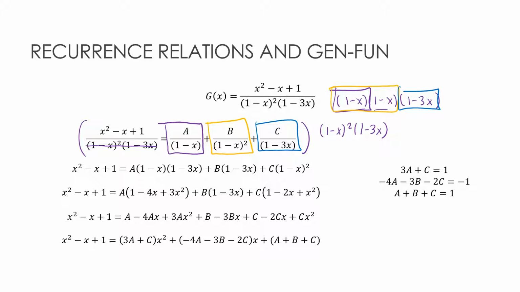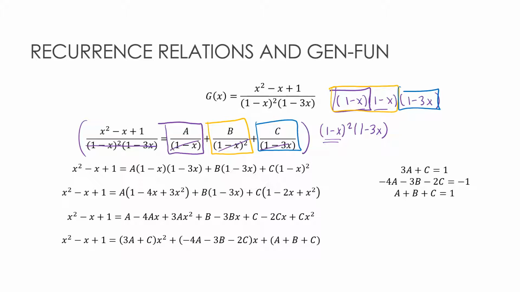For a, it's going to cancel out one of the 1 minus x's, but notice I have a times the other two terms. For b, it's going to cancel out both of the 1 minus x's and leave me with b times 1 minus 3x. For c, it's going to cancel out 1 minus 3x, which means I'm just going to be multiplying c by 1 minus x quantity squared.